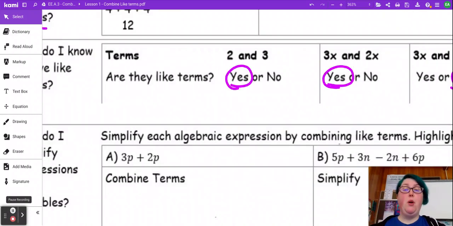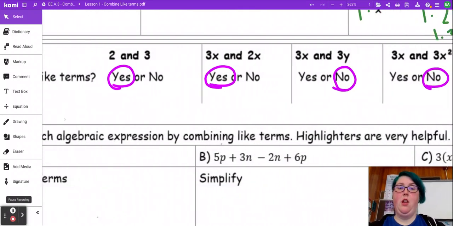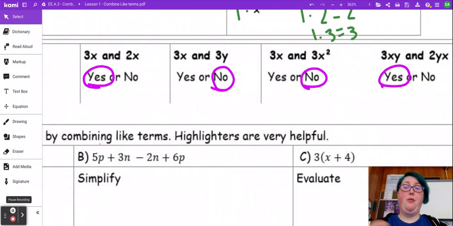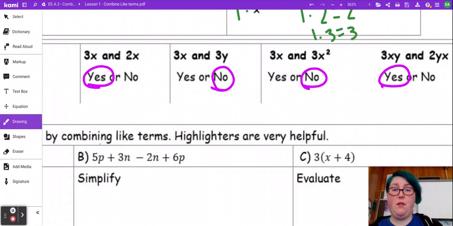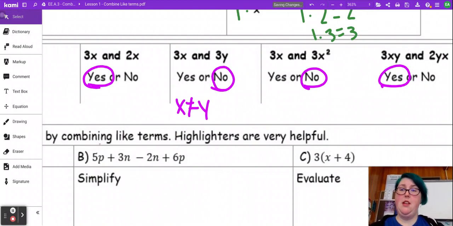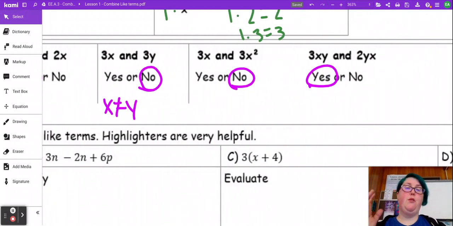2 and 3 are both constants. They are alike. 3x and 2x have the same variable, different coefficient, but we can combine them because they're both x. Now 3x and 3y, we have two different variables, and x does not equal y, so they are different terms. Now what happens when we have 3x and 3x squared?